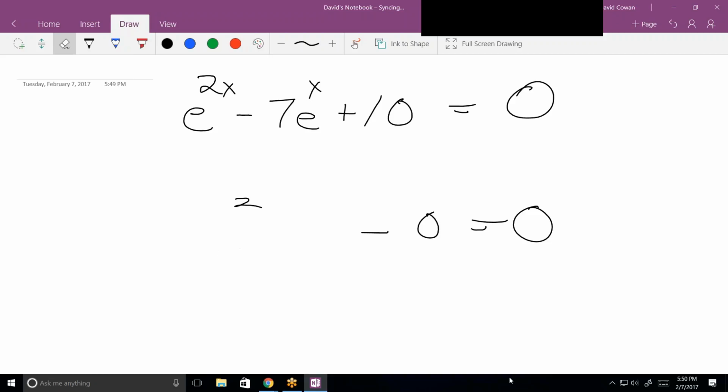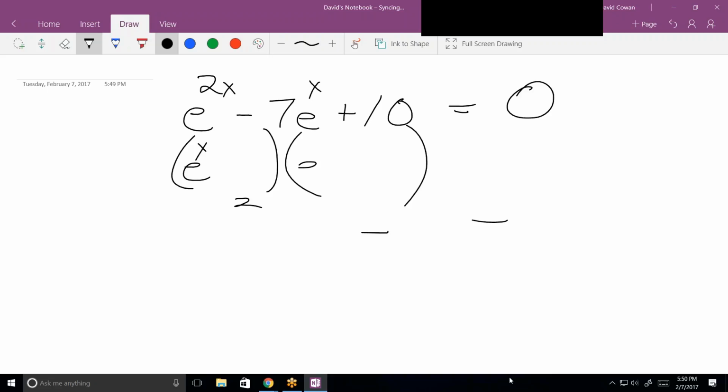And I will here. It factors as (e to the x)(e to the x). That's going to give you that e to the 2x. Both signs have to be the same, because that's the only way you can produce a plus on the constant.